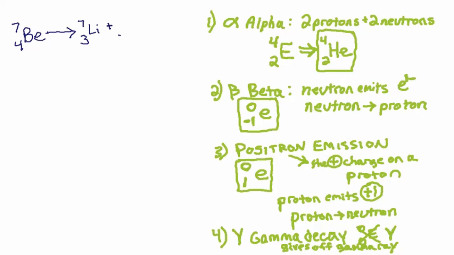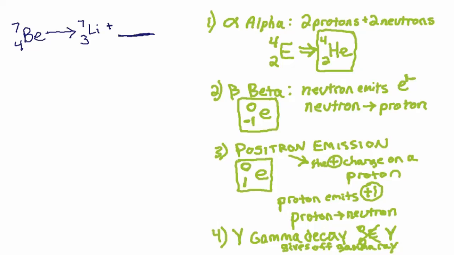What has to be added to the lithium here in order for it to start out as the beryllium-7? So pretty much you want to just complete the equation. If beryllium-7 turns into lithium-7, what made that happen?